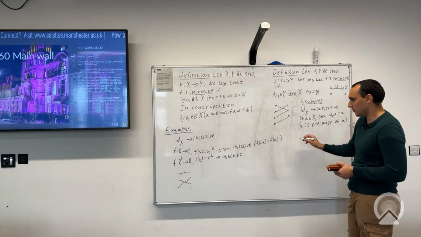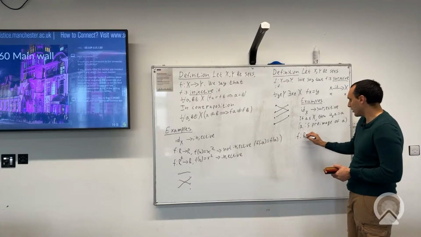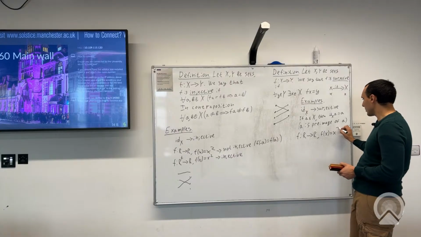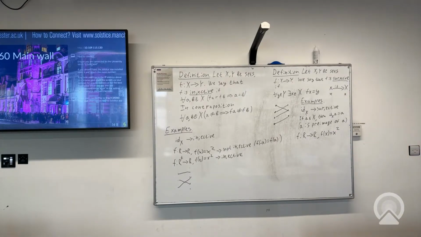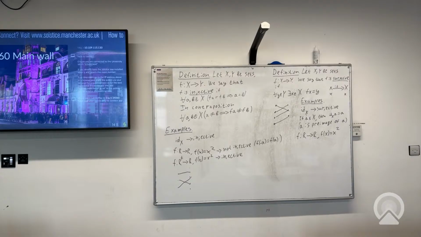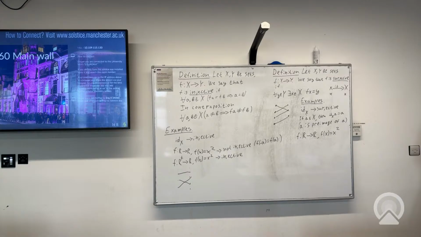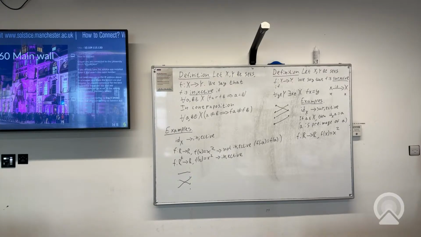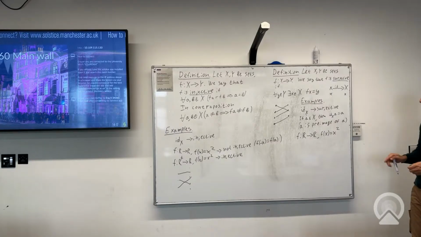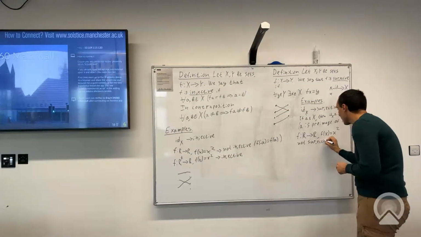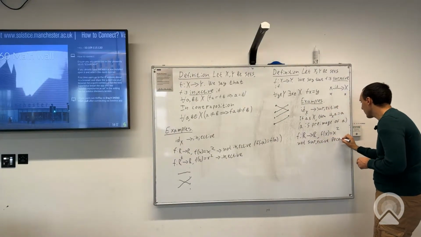Let f from R to R, f of x equals x squared. Is it surjective? No. Why? Because it doesn't map to any of the negative numbers.